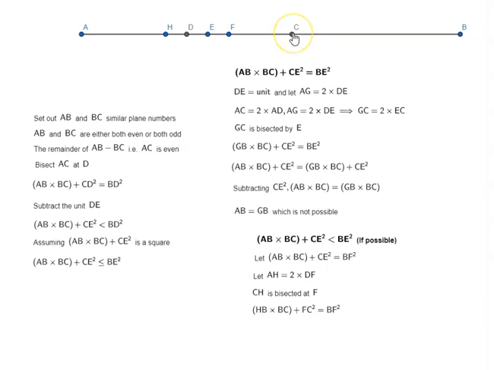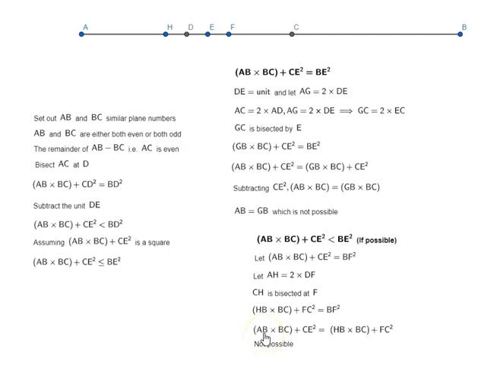HB by BC plus FC square is equal to BF square. And we also have the other one, AB by BC plus CE square is equal to BF square. So both are BF square. So we can equate them, which is again not possible. Why?